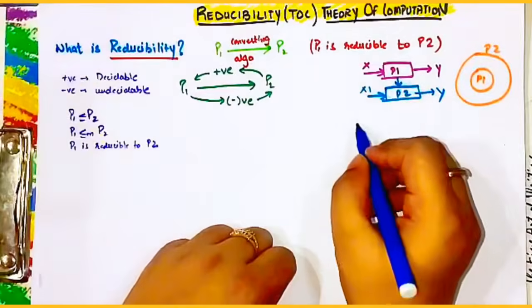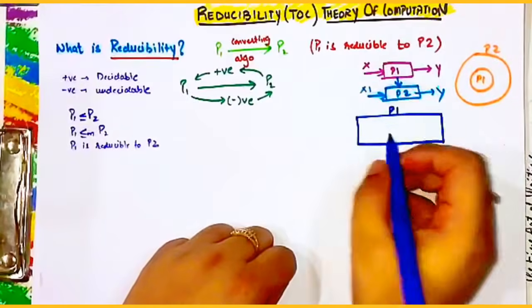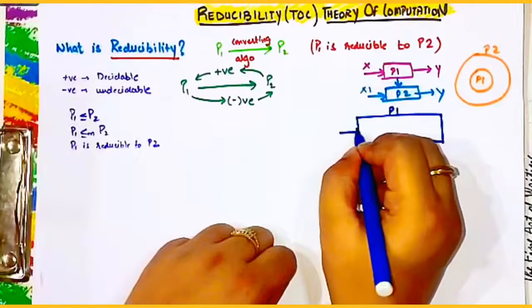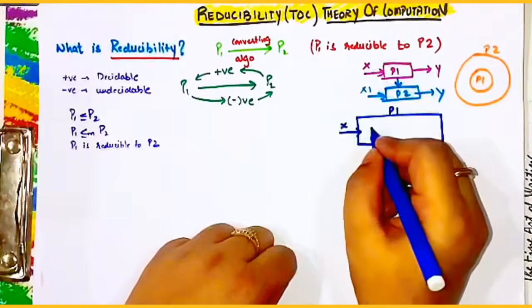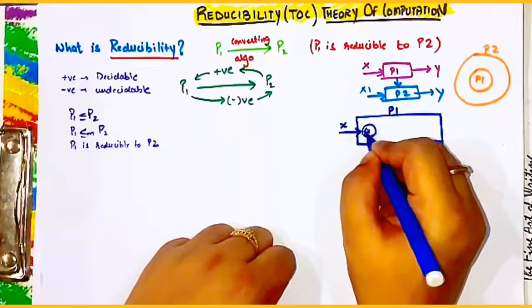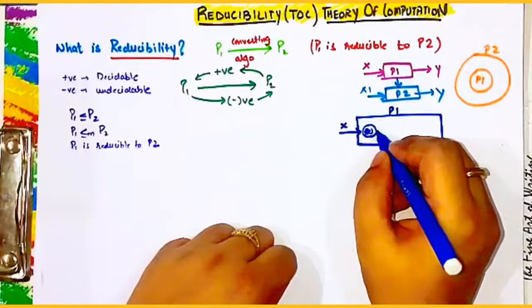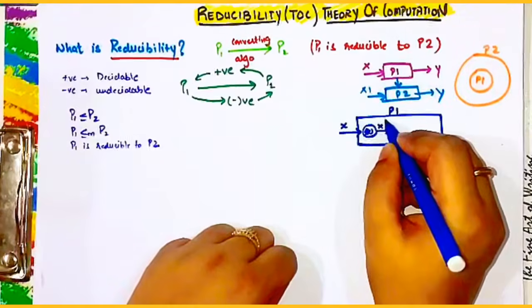Understand it like this. Suppose this is P1. Now when you are giving X to P1, we have some functionality which will modify this X to some other X, which will become X dash.